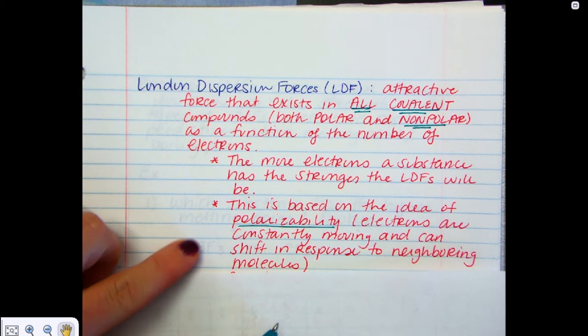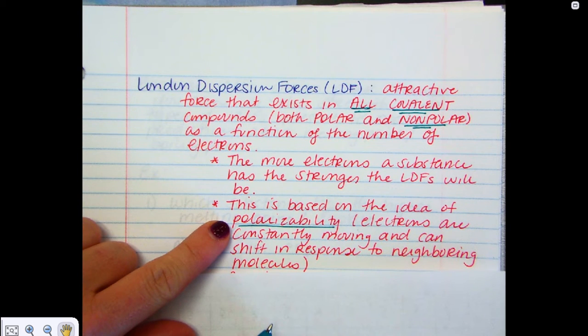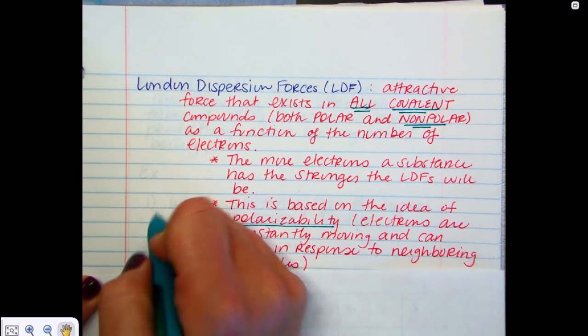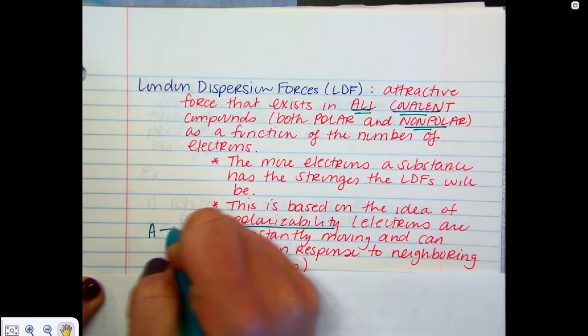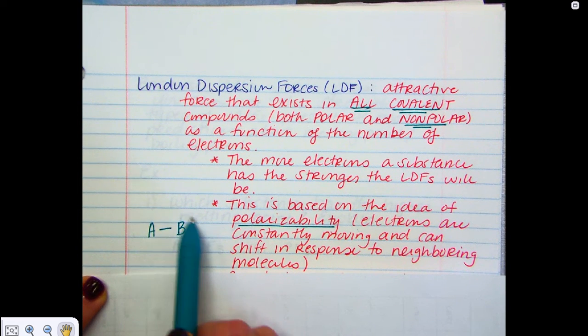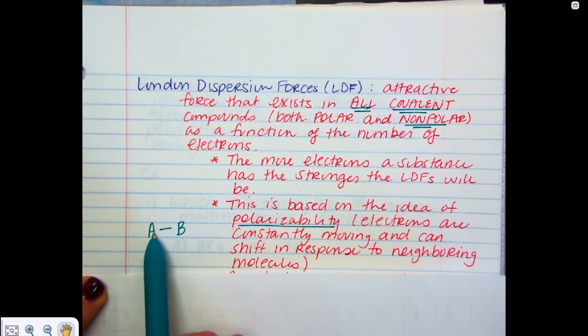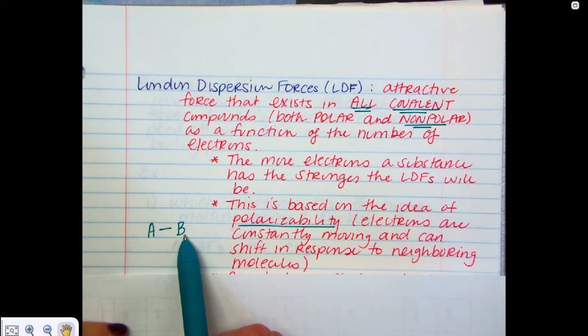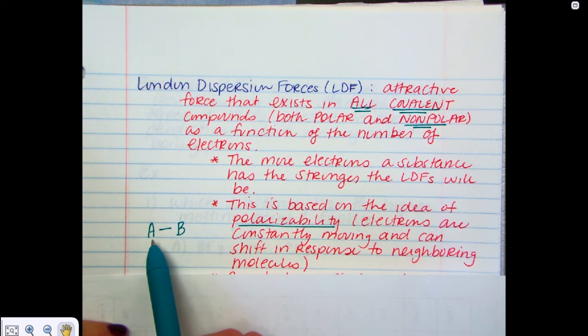But because my electrons are constantly in motion, could we potentially have a time where, if my molecule is composed of atom A bonded to atom B, and my electrons are constantly shifting back and forth in the bond, if I were to freeze frame it, more of them were by B and less were by A?